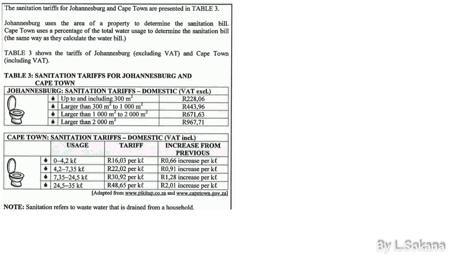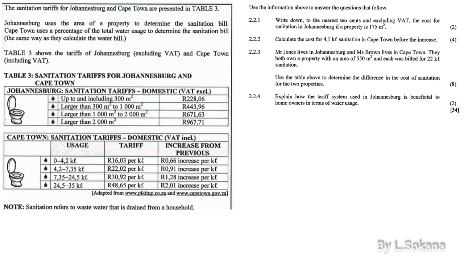The sanitation tariffs for Johannesburg and Cape Town are presented in Table 3. Johannesburg uses the area of a property to determine the sanitation bill. Cape Town uses the percentage of the total usage to determine the sanitation bill, the same way as they calculate the water bill.